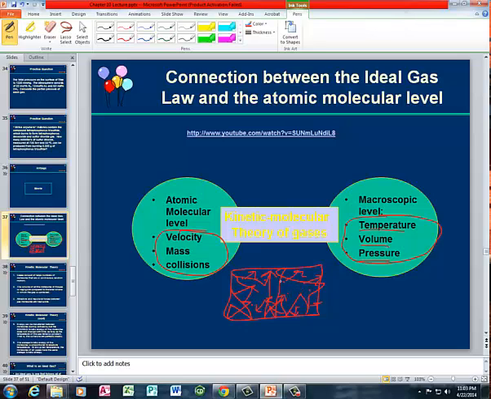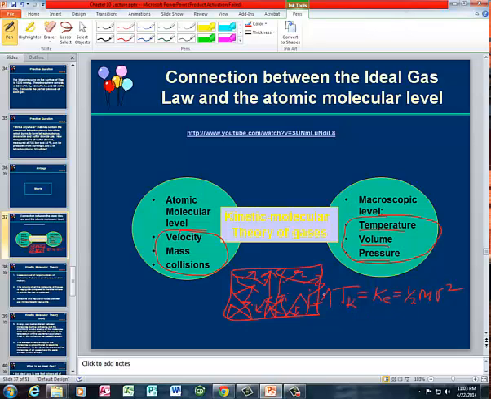All these particles have constant, random, chaotic motion, elastic collisions, and exchange energy, and the average kinetic energy is proportional to the absolute temperature. The kinetic energy is equal to 1/2 times the mass times the velocity squared.